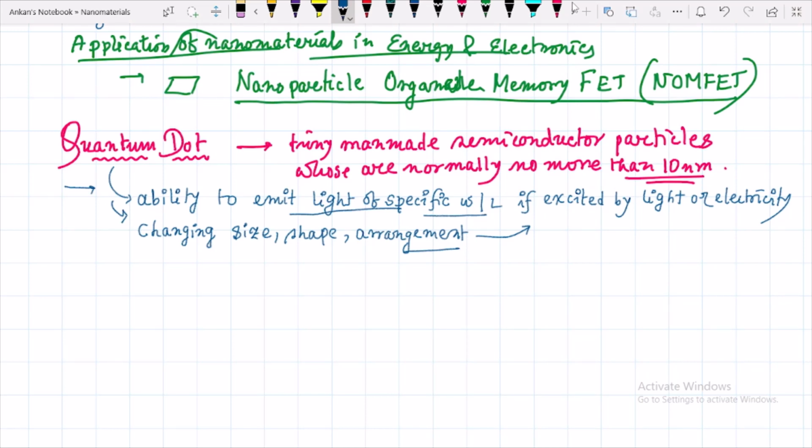I will show you after some minutes. So here I only want you to understand that quantum dots are very important because of this smaller size confinement, and they emit light of a specific wavelength if excited by light or electricity, and we can control this emitted wavelength by only changing the size, shape and arrangement.